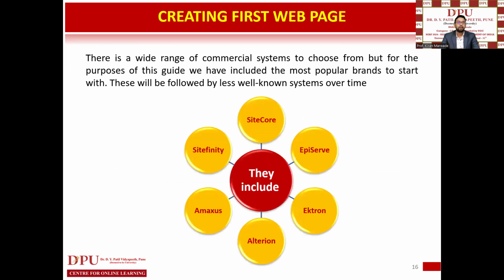There is a wide range of commercial systems to choose from, but for the purpose of basic understanding, a few commercial applications which are helpful for you to manage the content are Sitecore, EPiServer, Ektron, Alterian, Amexus, and Sitefinity. So these are some commercial CMS applications.